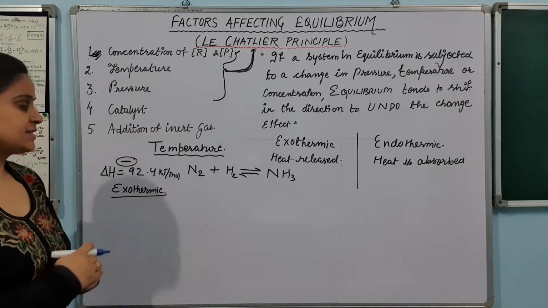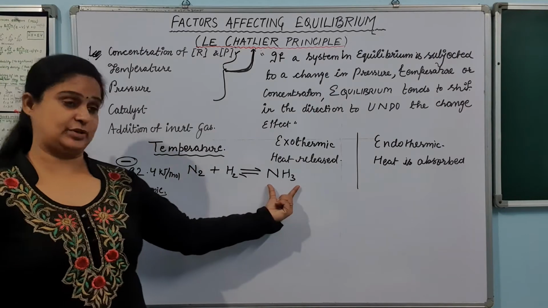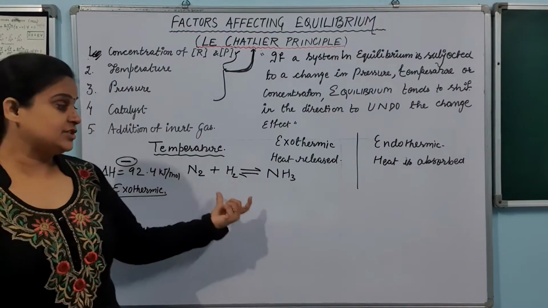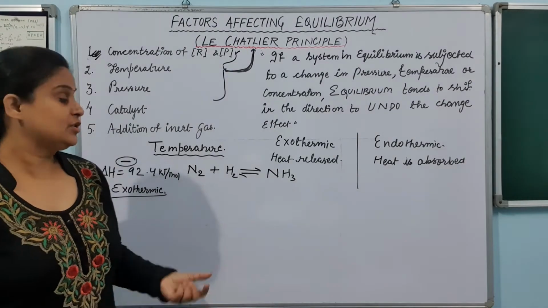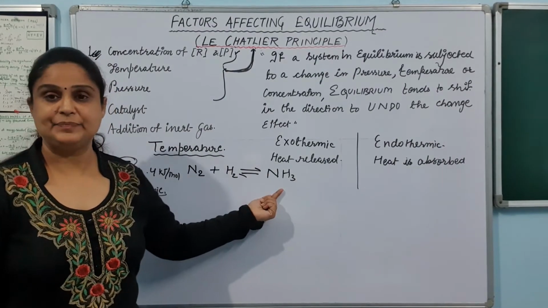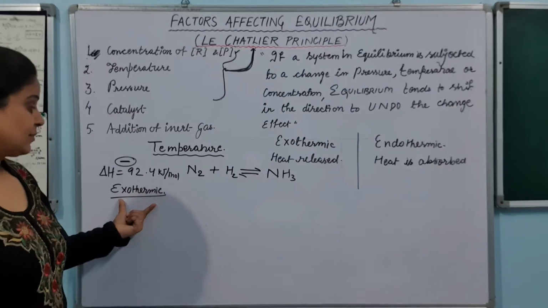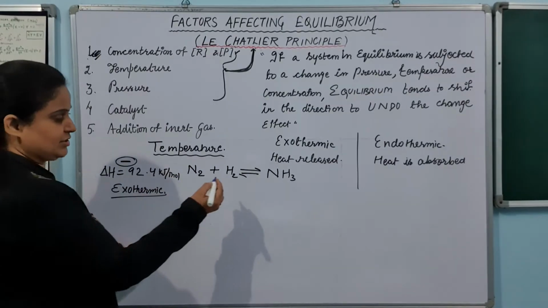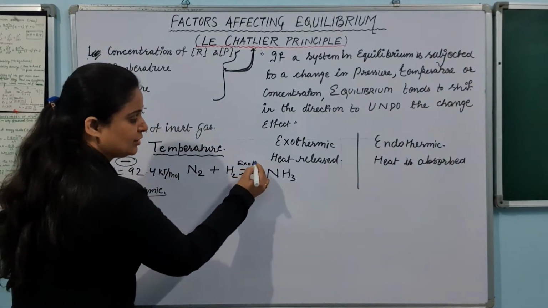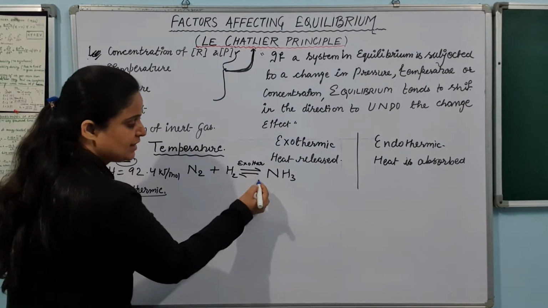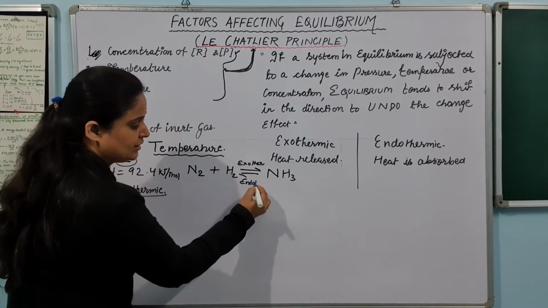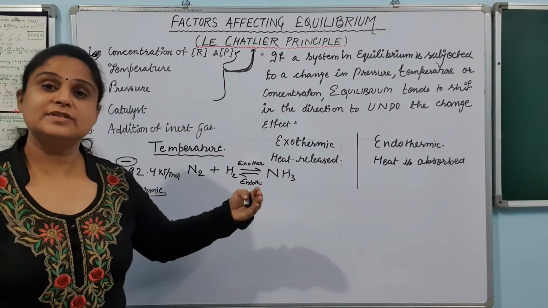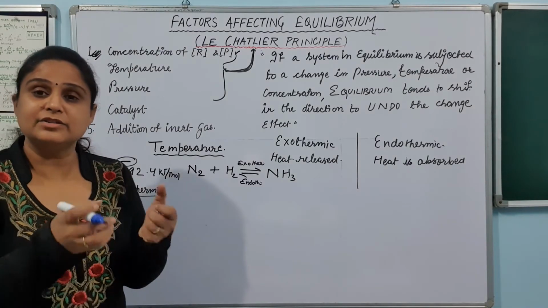So your reaction is exothermic in nature. If you want to make the product, what kind of changes do you have to make so that more products are formed? For the exothermic reaction, suppose you have increased the temperature. The reaction is exothermic in this direction, so obviously it will be endothermic in the other direction. Since you have increased the temperature, the reaction will start moving in such a way that the energy will be consumed.